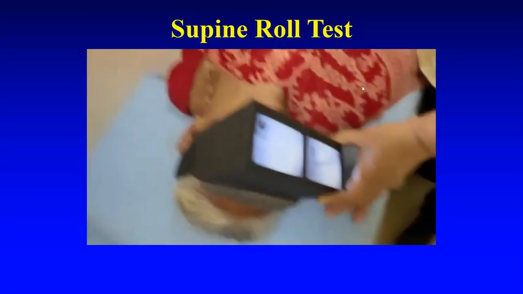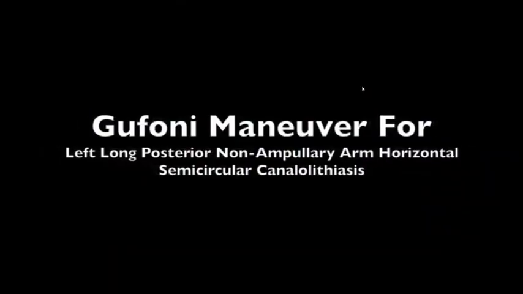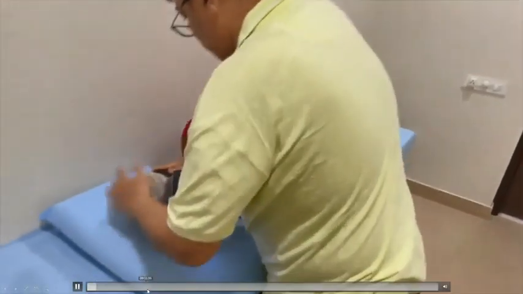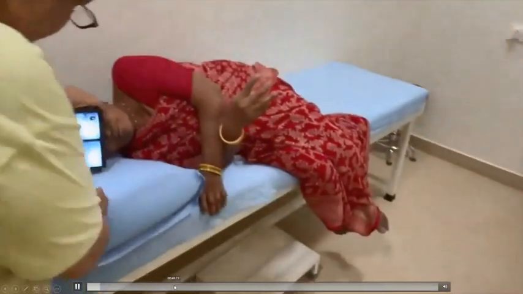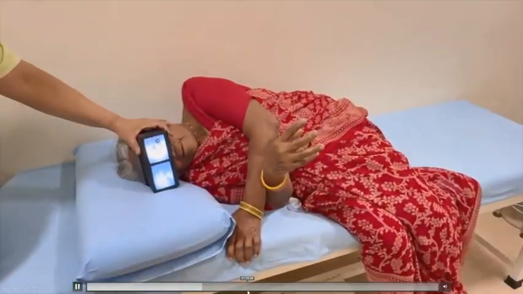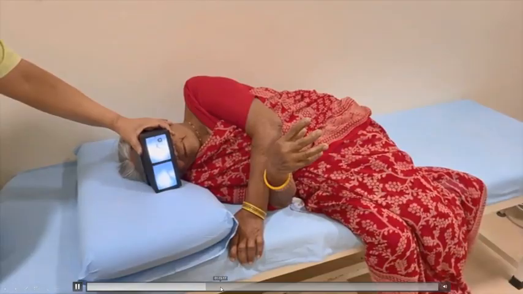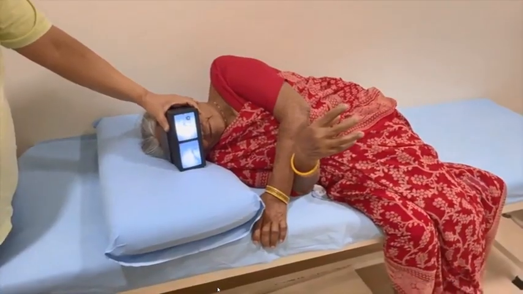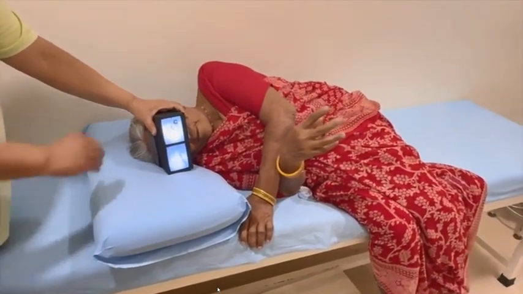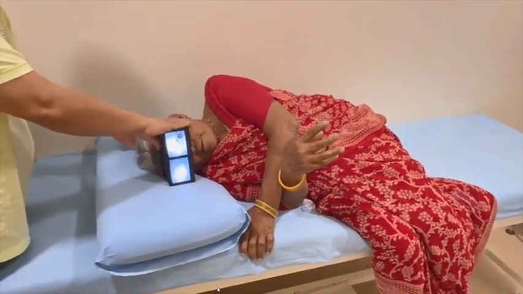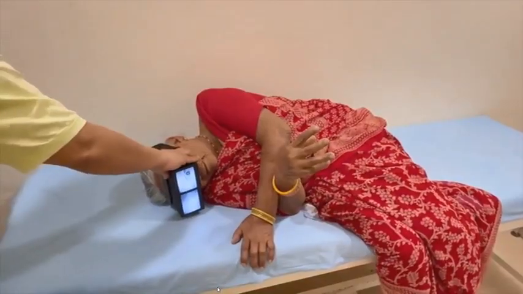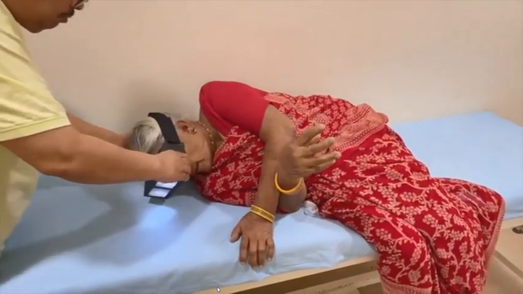So what next to be done? We performed a Gufoni maneuver. The patient from long sitting was shifted to right lateral recumbent, the non-involved side, for 1 minute. After 1 minute, the head was inclined 45 degrees to her right, that is, with nose directed towards the mattress of the examination couch.